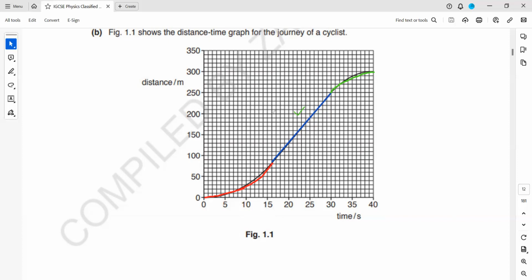So it will have the maximum speed. You can work out how much distance it covered in this time interval, or you can find the gradient by using the formula y2 minus y1 over x2 minus x1. Or you can use the distance covered in this interval and the time taken.